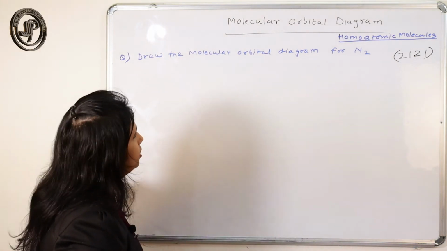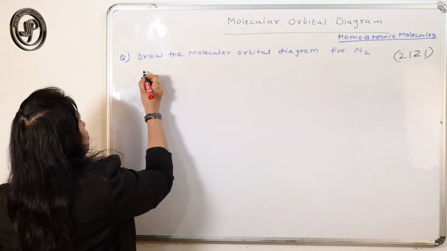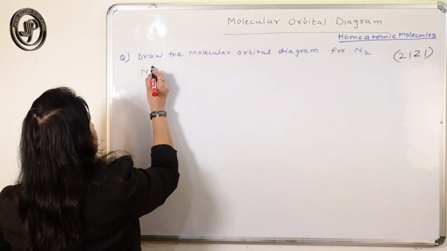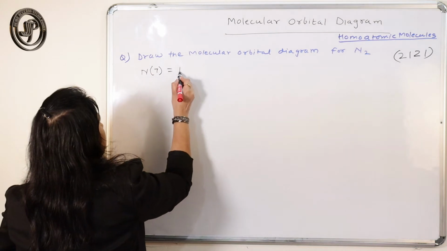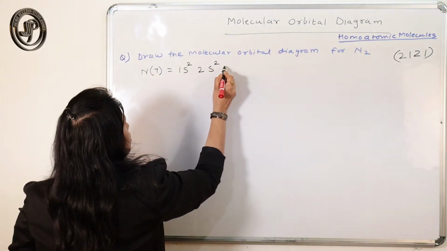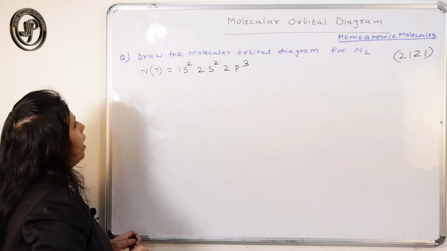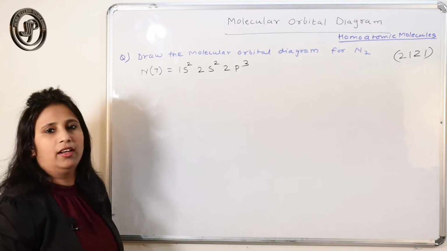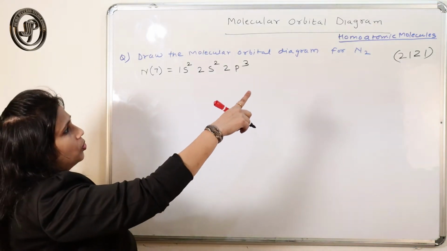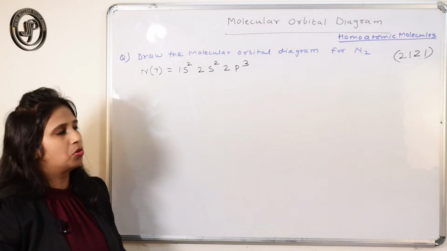So we need to draw the molecular orbital diagram for N2. Nitrogen has atomic number 7, so the configuration will be 1s2, 2s2, 2p3. And for N2 the electron count is 14 or less, so we just memorize the 2-1-2-1 rule.